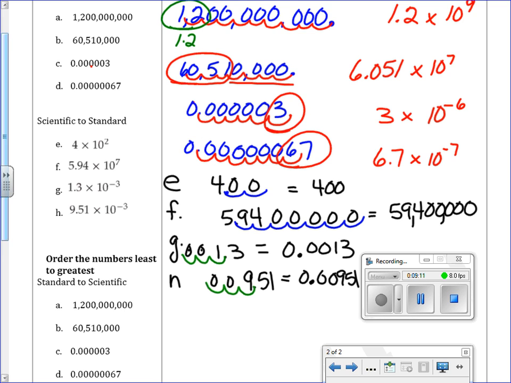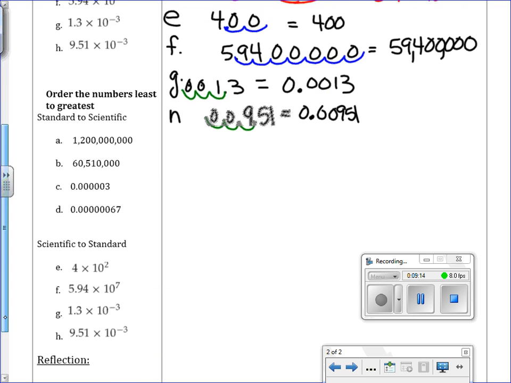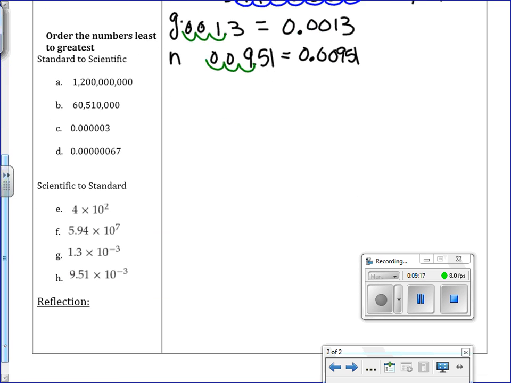Now, the next thing that you're responsible for when it comes to scientific notation is ordering numbers from either least to greatest or greatest to least. Now, it's not so hard when it comes to ordering A, B, C, and D. It's not very hard at all, actually, to order them when they're in standard form. We know that A is the largest number. And we should know, based upon the value of zeros, that D is our smallest number because we're not comparing 67 and 3.